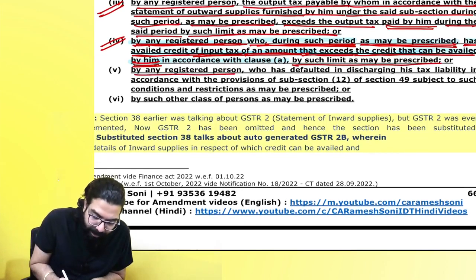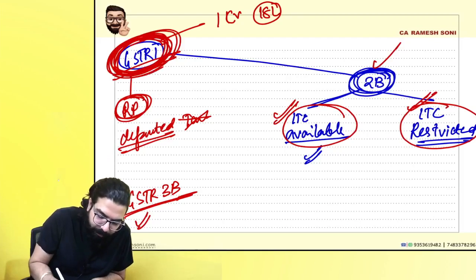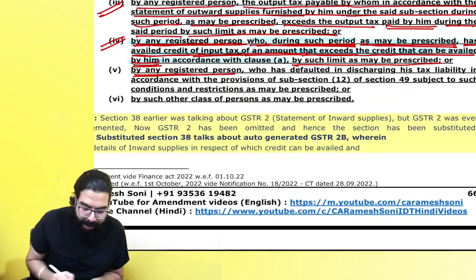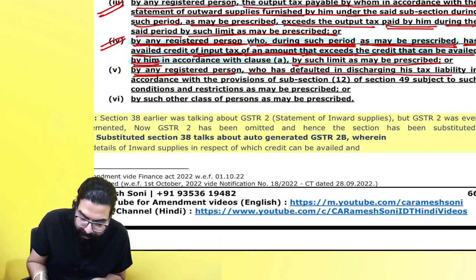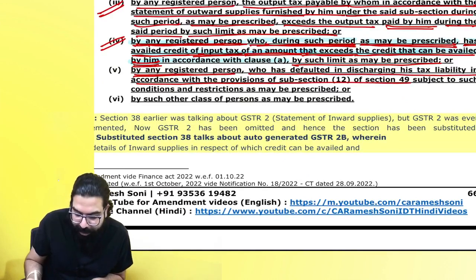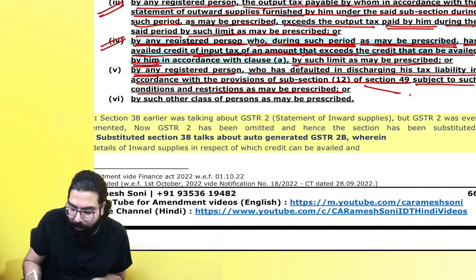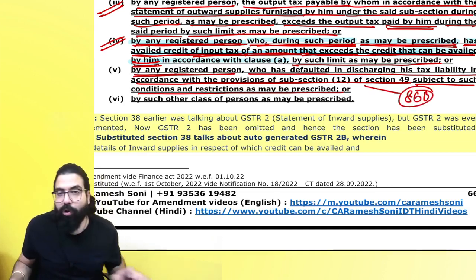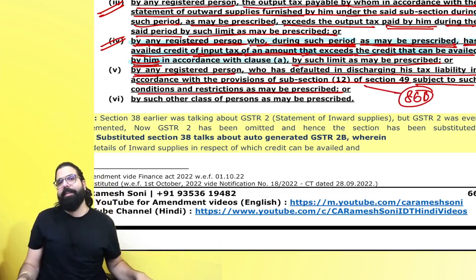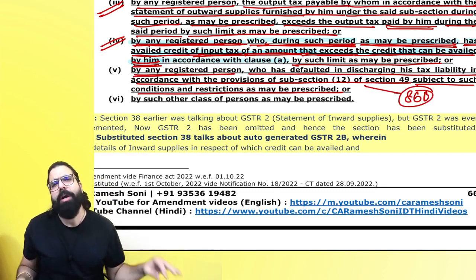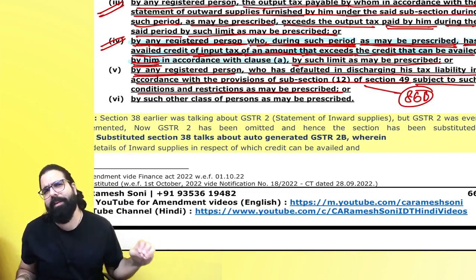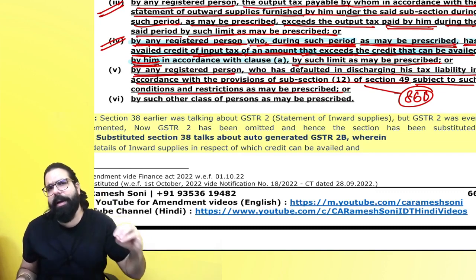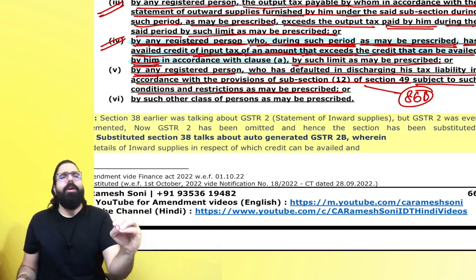If the details are furnished by a registered person, the registered person is furnishing the detail in GSTR 1, and sir, who has defaulted in discharging his tax liability in accordance with the provision of section 49(12), subject to such condition and restriction. Do you remember rule number 86B, that you should pay 1% of your GST in cash, means whatever is your output tax liability, only 99% credit can be used. 1% you have to pay in cash.